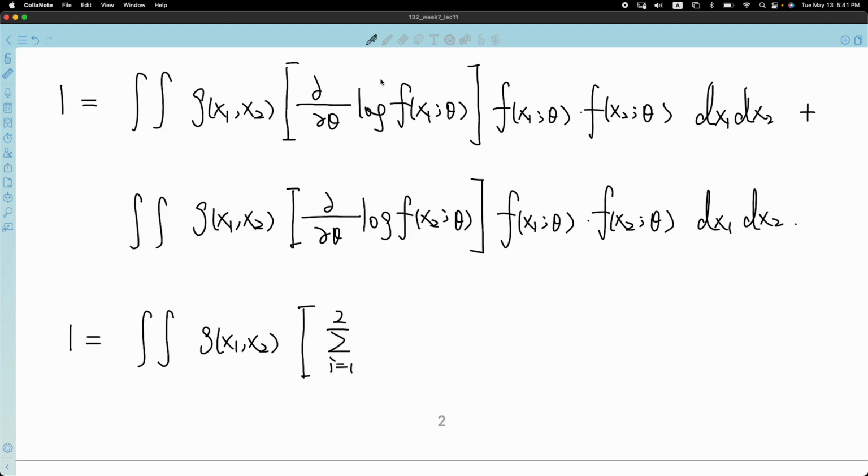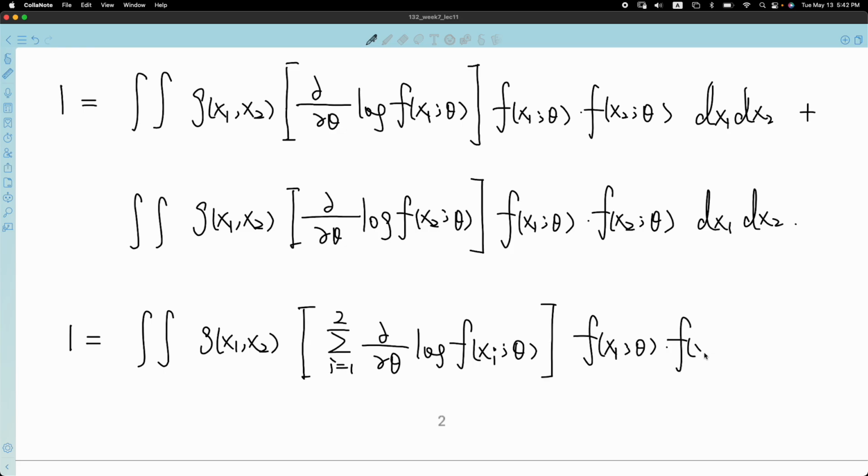And then I'm going to sum the 2 terms in the square bracket in the summation here. And then I'm going to rewrite x with the index xi here. Closing the square bracket. And then you have the same x1 and x2 that is shared. dx1, dx2.